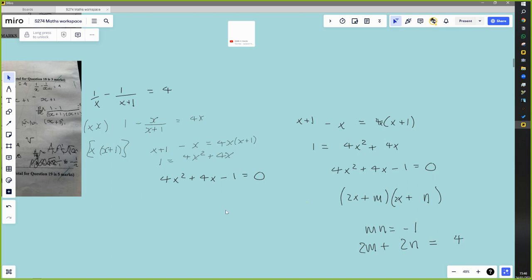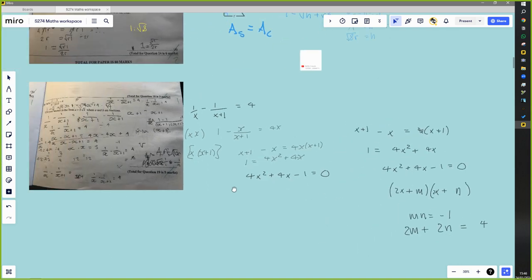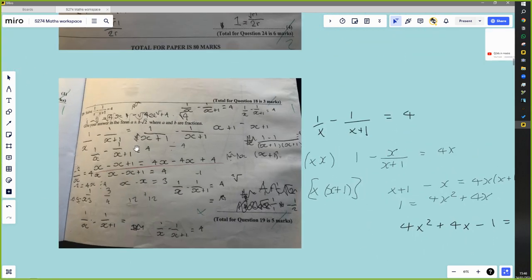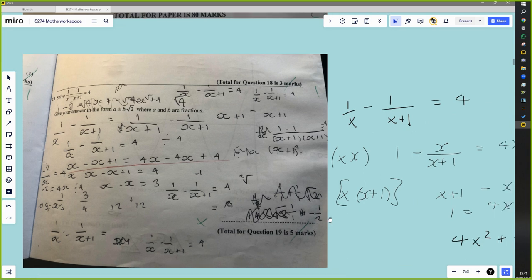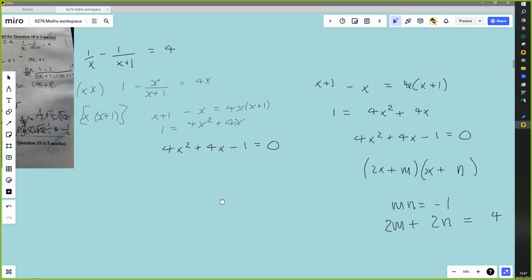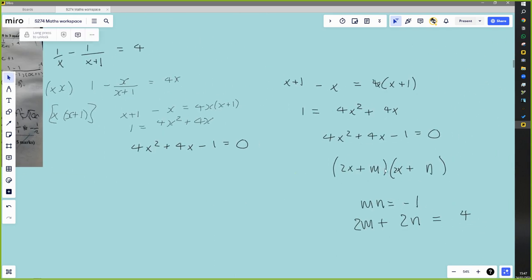Now there's a clue in this question that it's asking you to give the form a plus or minus b root 2. I was trying to factorize it. The fact that they want the answer in terms of a surd tells us that we can't factorize it because the solution is not going to be a whole number. So the solution is going to be a surd involving root 2.